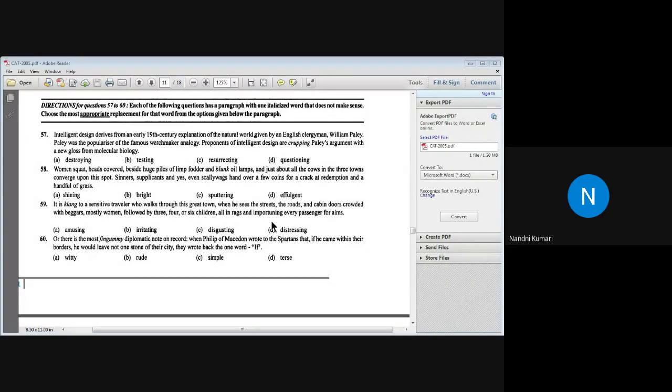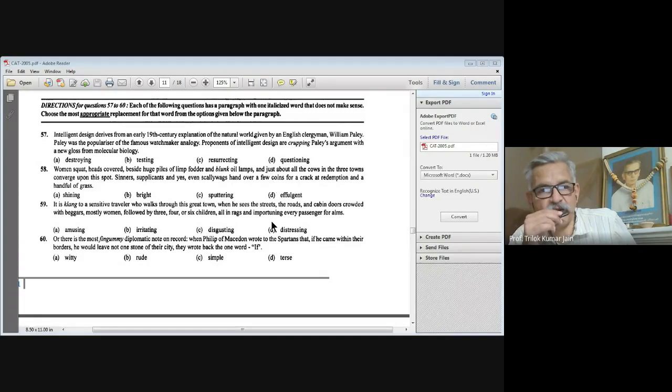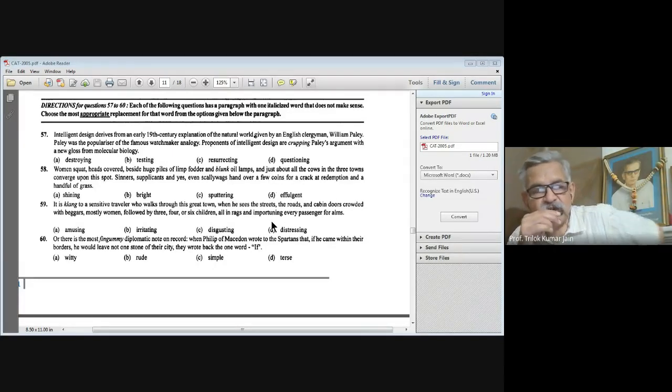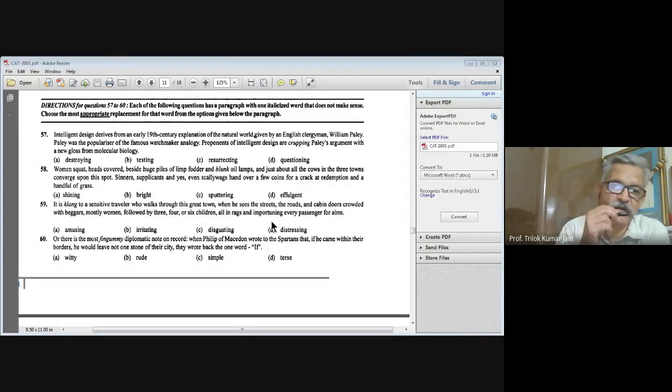Try another one. Bright can also be there. Something, oil lamp cannot be bright. They can be something else. Any other option that you want to try? Okay, anyway, let's check it out. What is the answer?